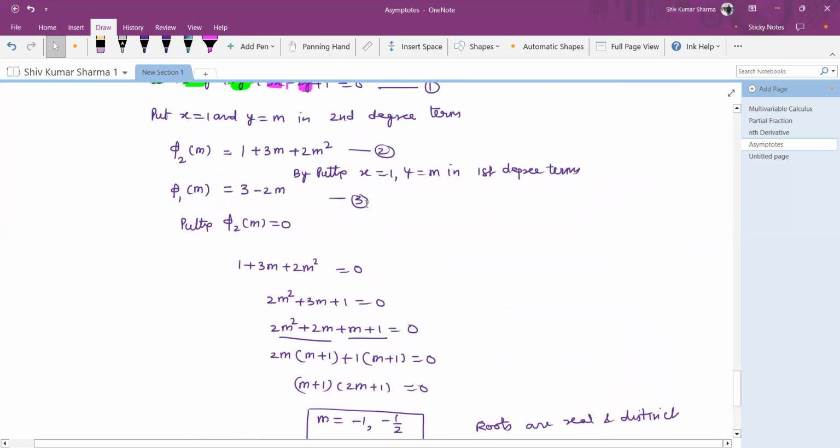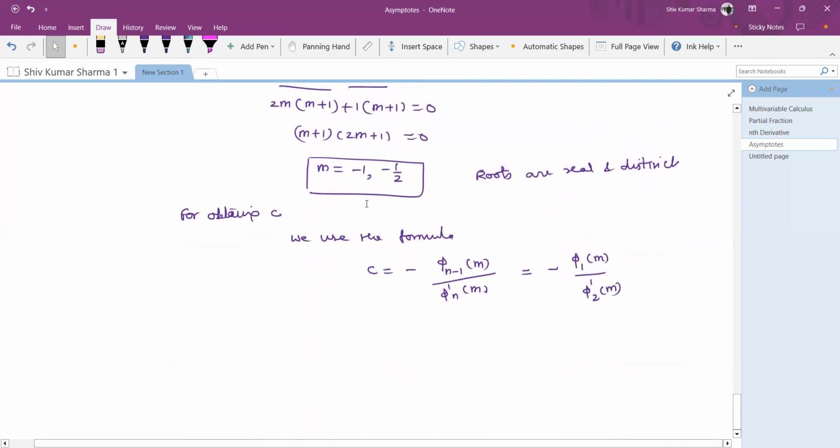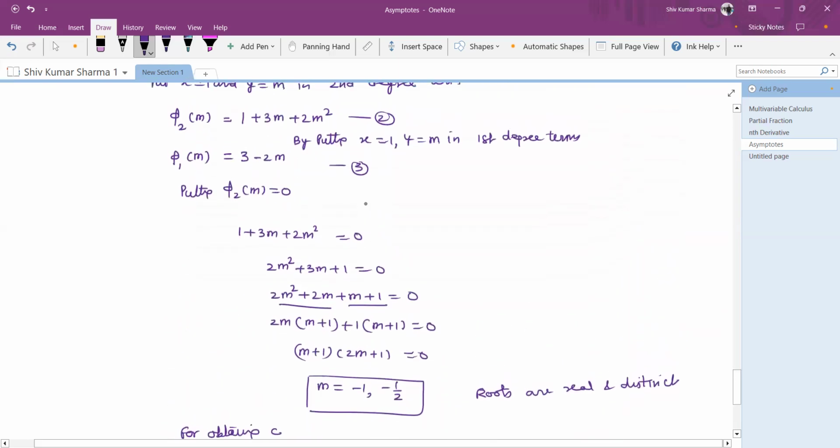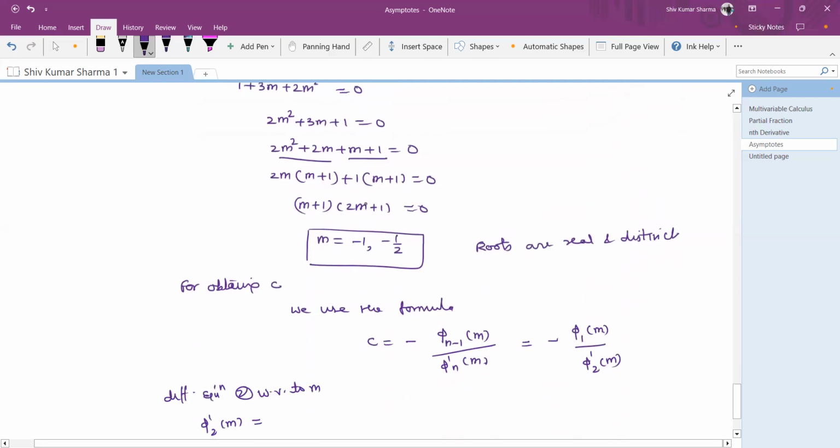Phi 2m is this, so we differentiate equation 2 with respect to m. We get phi 2 dash m is equal to 3 plus 4m.